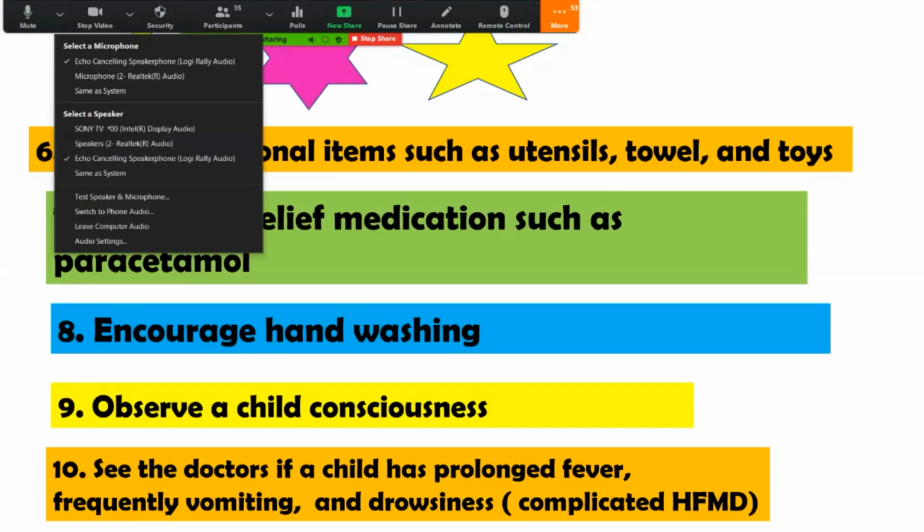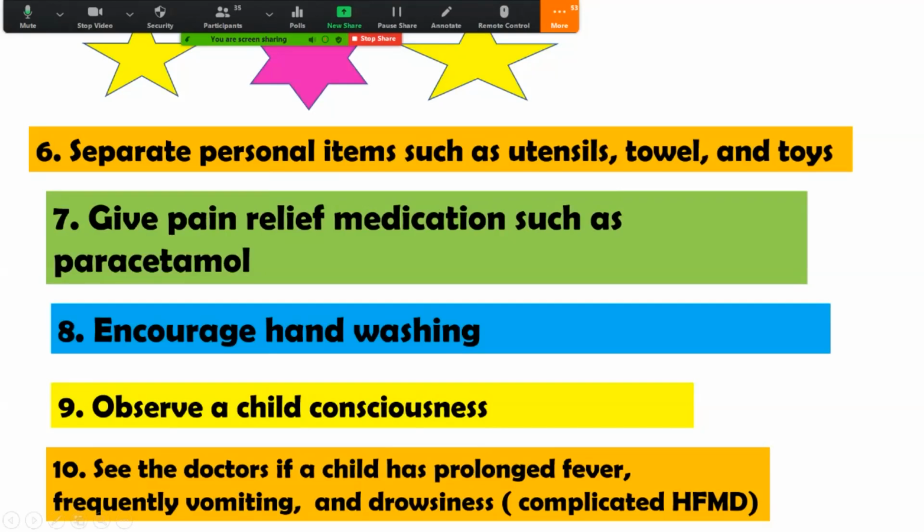So if the child stays at home, parents should check the child's consciousness, and if the child has a prolonged fever of more than 10 days and shows frequent vomiting and dizziness, parents should take the child to the hospital to see the doctor.